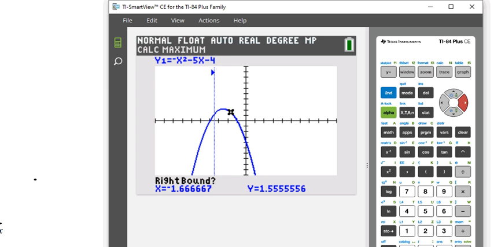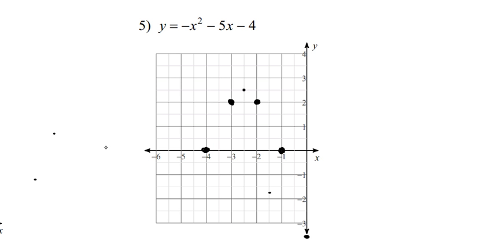Now that I'm right of the maximum point, I can hit enter, and then I hit it one more time, and it tells me that point: -2.49999, that's -2.5, and the y value is 2.25.